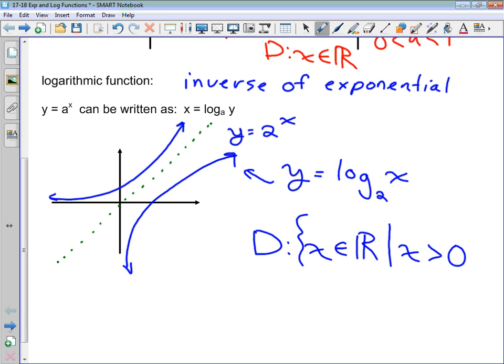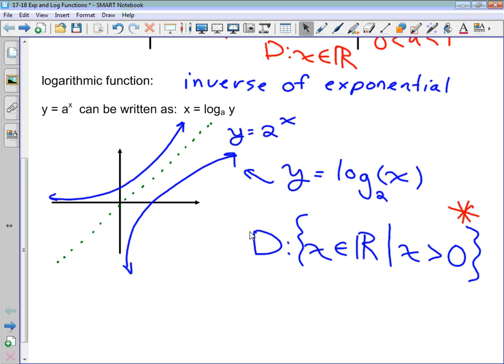Okay? So this point is going to be kind of critical for us. We have to remember that we can never have an x value in our logarithmic function, or an argument in our logarithmic function, that is going to be equal to or less than 0. Okay? So as I promised, stars next to the important things.